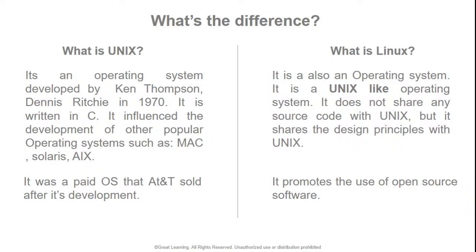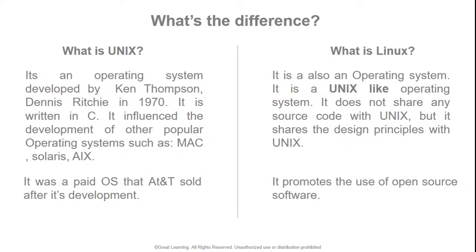So the difference between Unix and Linux is that Unix was one of the earlier operating systems. It was developed by Ken Thompson and Dennis Ritchie back in 1970. They worked under Bell Labs for AT&T.